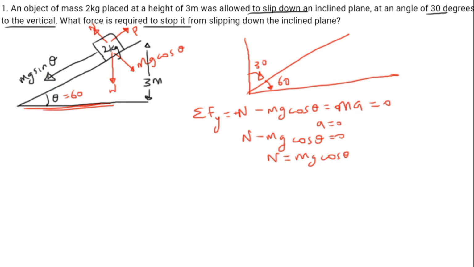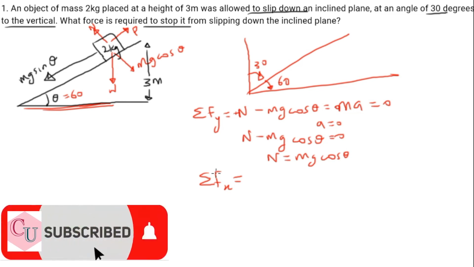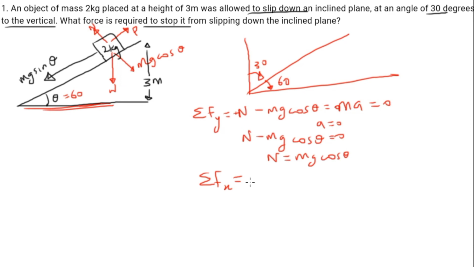Then the implication is that the summation of the forces on the x-axis, notice that summation of force on the x-axis or summation of force on the y-axis, summation of force generally implies net force, and net force is equal to the force along the direction of motion, or force along the direction of acceleration, minus the force that is opposing it.